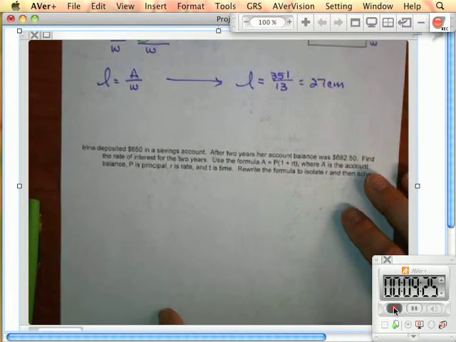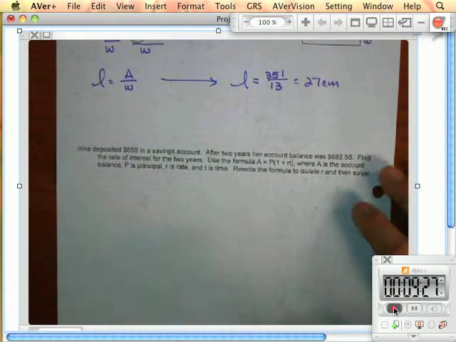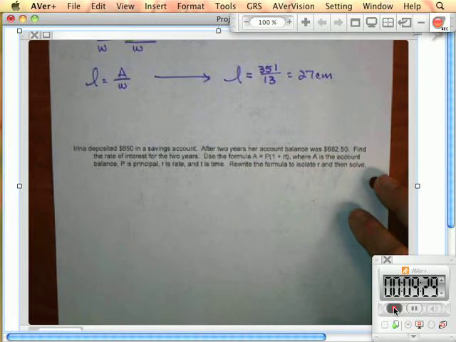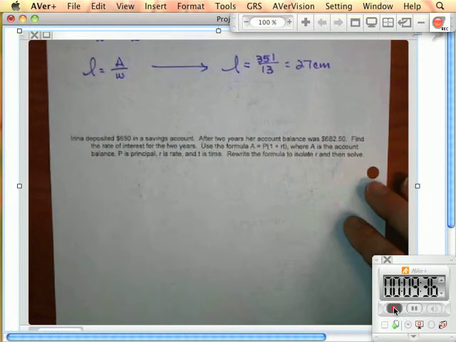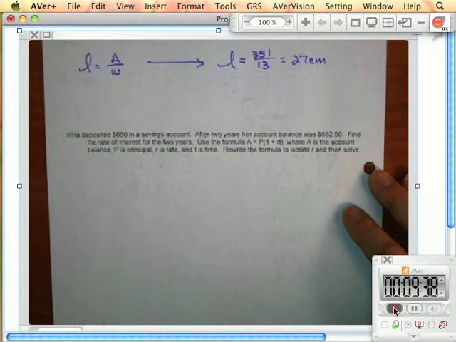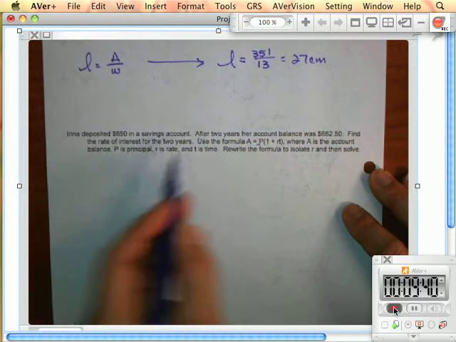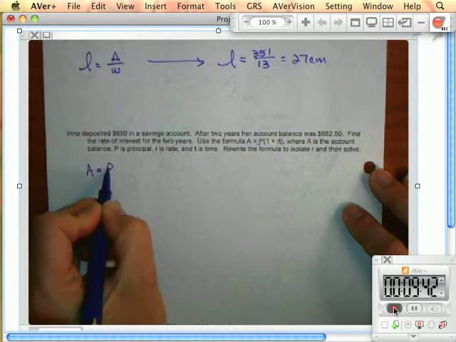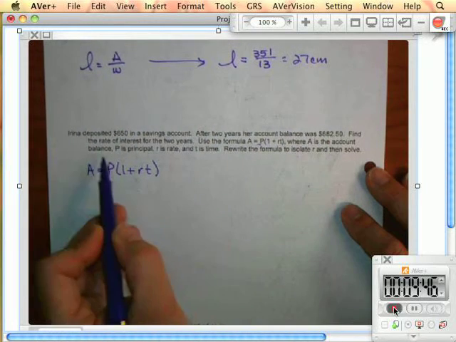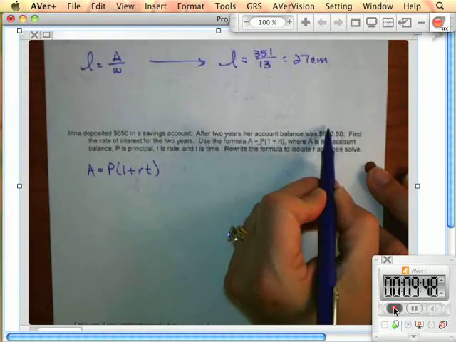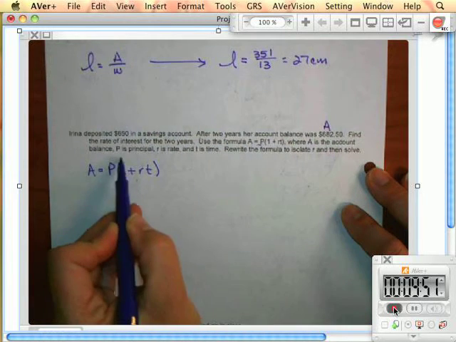All right, let's do this. Irina deposited $650 in a savings account. After 2 years, her account balance was $682.50. Find the rate of interest for the 2 years. Use the formula A equals P(1 + rT). Let's write that down. We're going to use that formula. Where A is the account balance, there's my A. P is the principal.